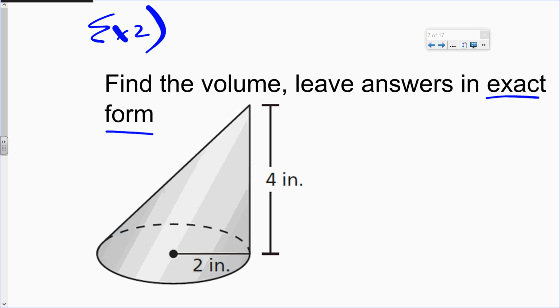Notice I got an oblique cone. The cone is kind of crooked. It's not straight up, a right cone, it's an oblique cone. Notice that. It's oblique.